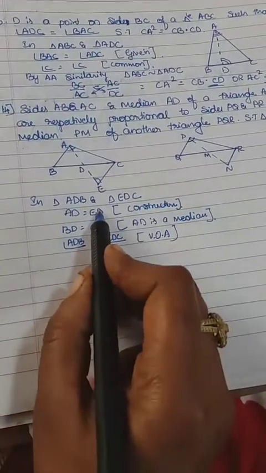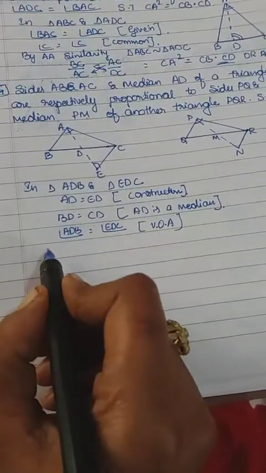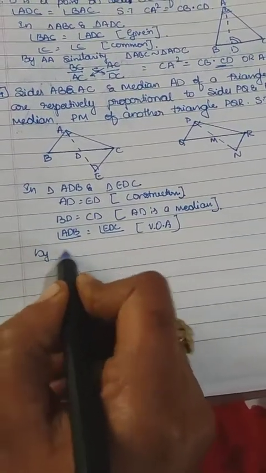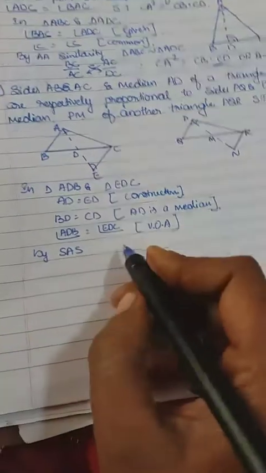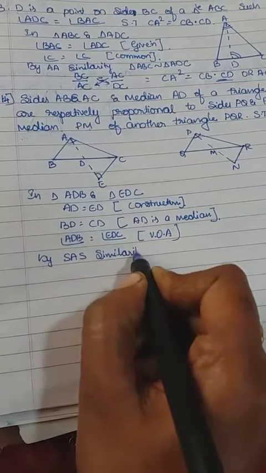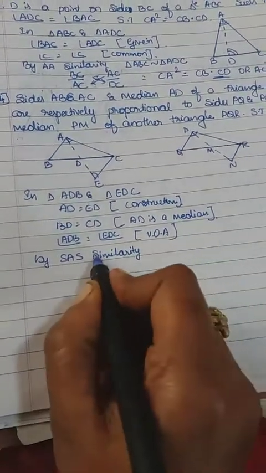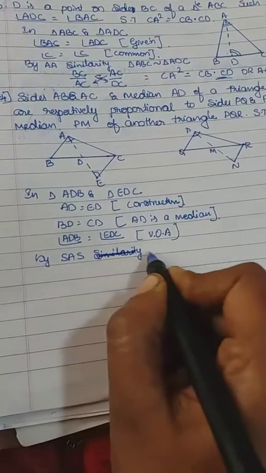Here two sides and one angle are there. So which criterion can we use? By SAS similarity or congruency criteria. You have to take congruency here. SAS congruency.